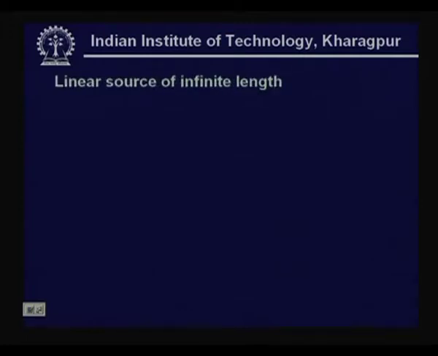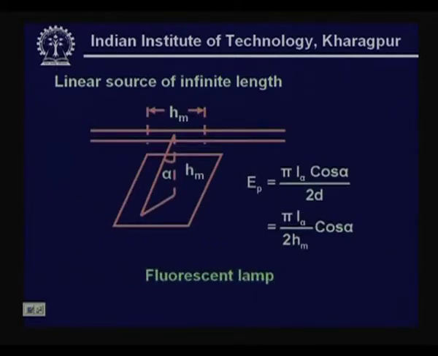As opposed to this, I told you there are 2 distinct kinds of sources. One is a point source, the other is a line source. An array of line sources or a matrix of point sources together form a sheet source. Similarly, a linear source of infinite length is mounted at a height h from the work plane. At any point P, the straight line to this point from the line source is at an angle alpha to the vertical.